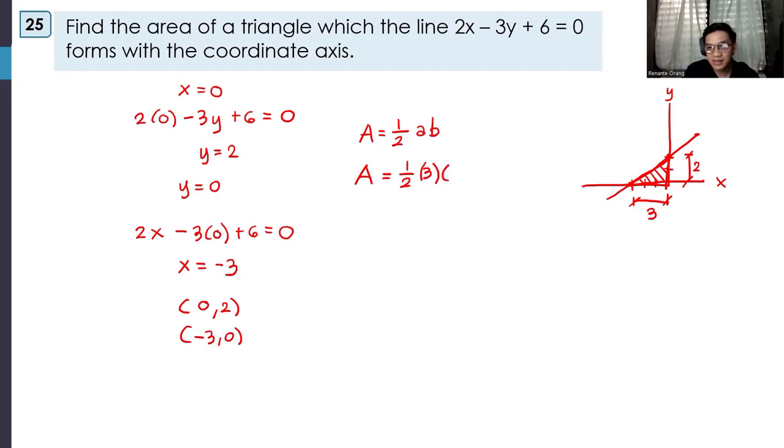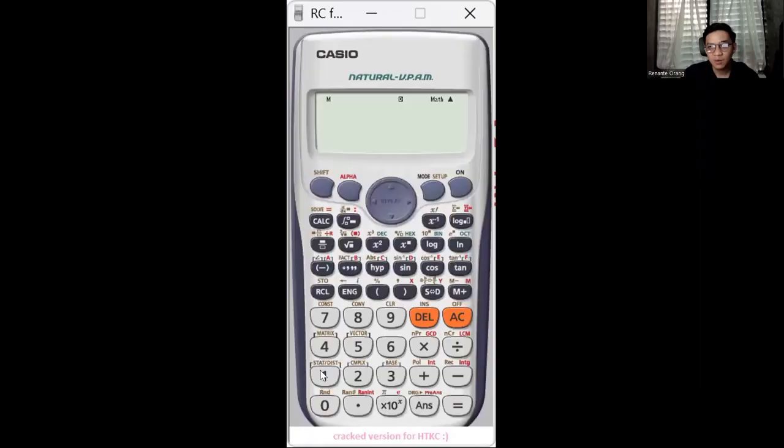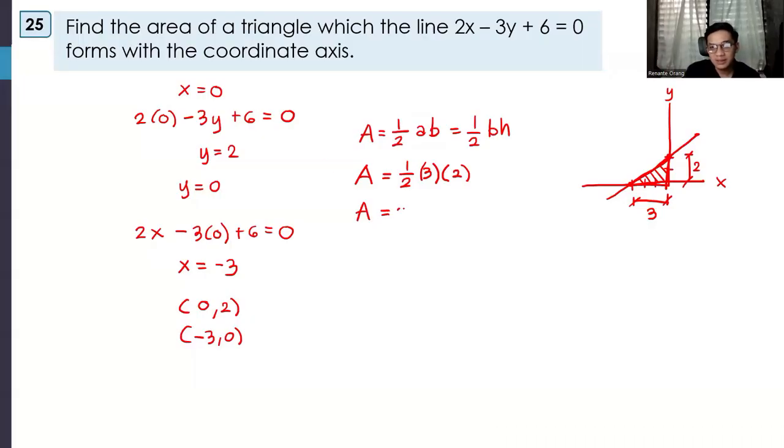And then, height natin is 2. Sulat lang natin, 1/2 base times height. So, by calculating this one, we have 1/2 of 3 times 2 is equivalent to 3. Sulat natin, 3 square units. Final answer.